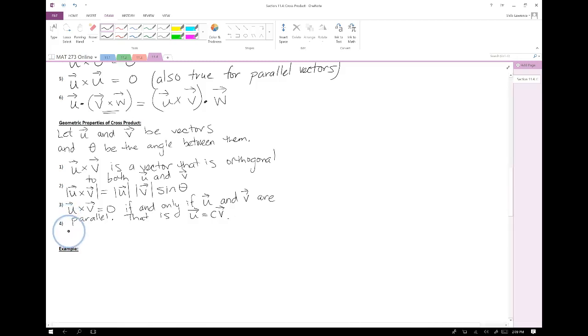Last property, a geometric property: the magnitude of U cross V is the area of the parallelogram that has U and V as adjacent sides.